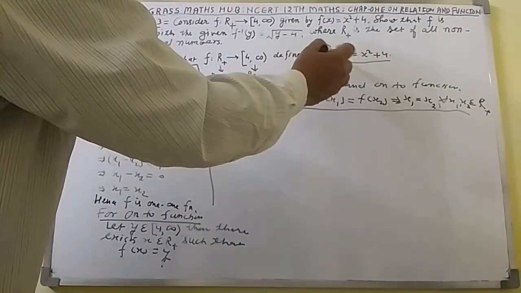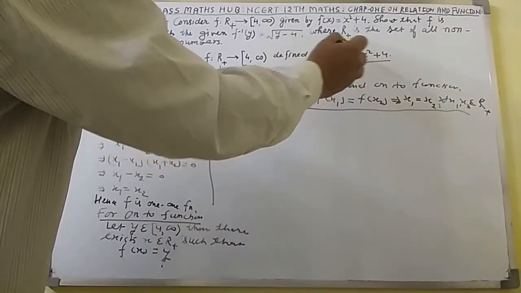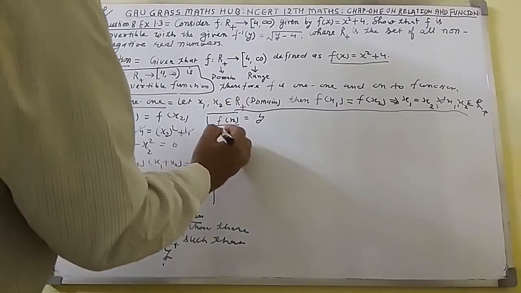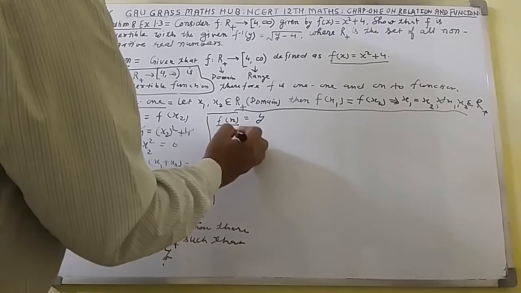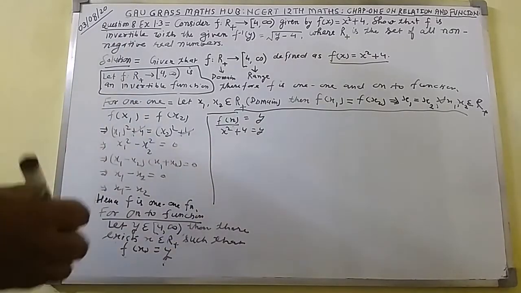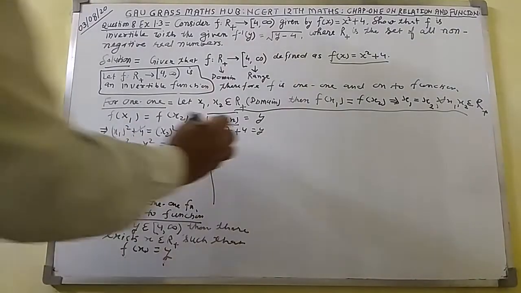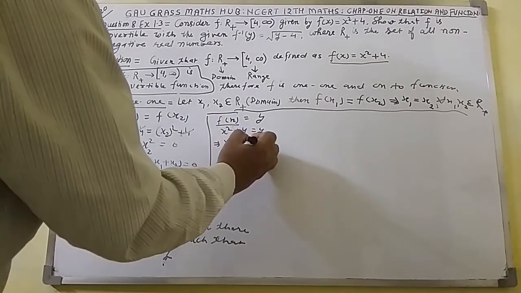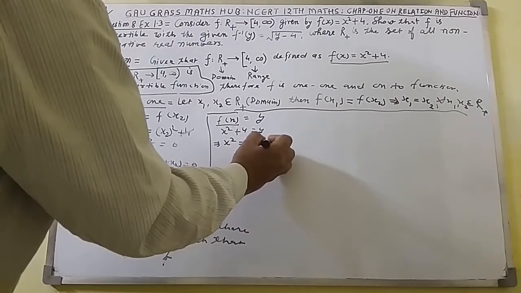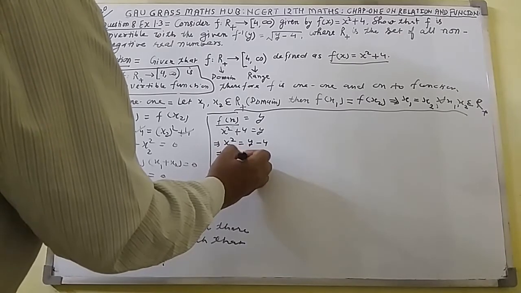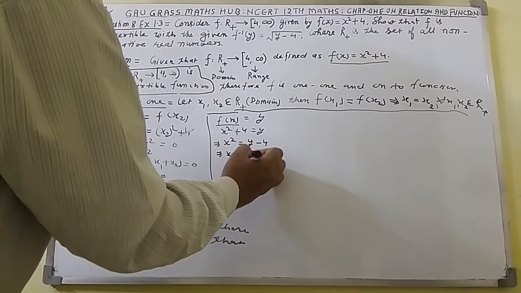So here I can write f(x) is equal to x square plus 4. So in place of f(x) I can write x square plus 4 equal to y. So what to do? Here I shall write, implies that x square equal to y minus 4. Here I shall write x equal to plus minus under root y minus 4.